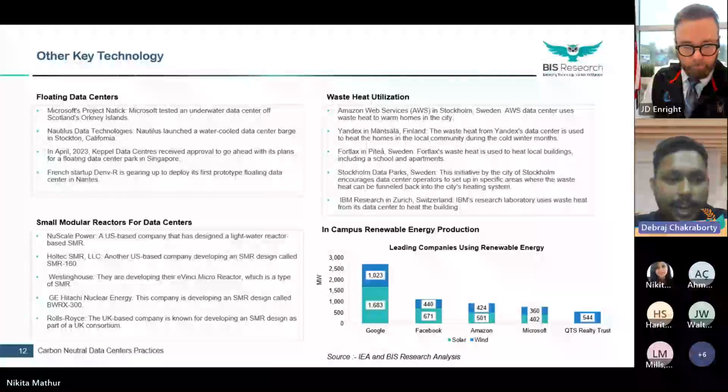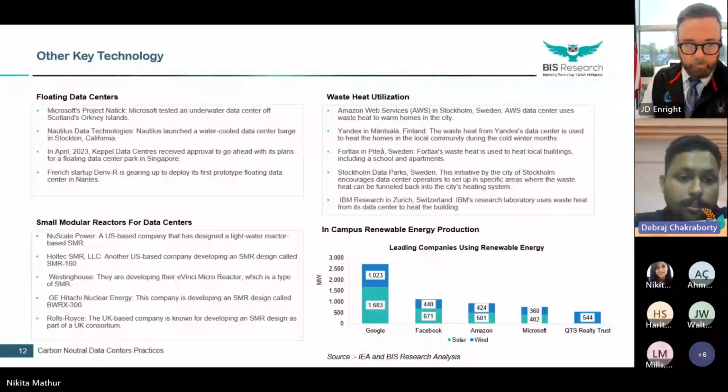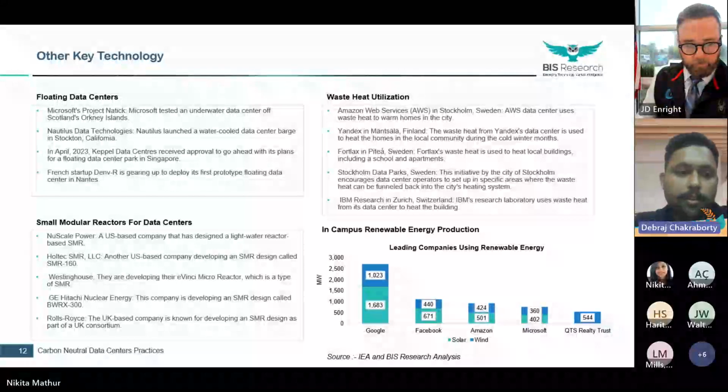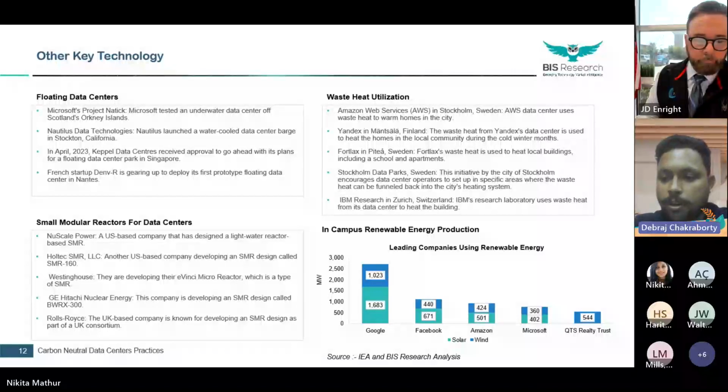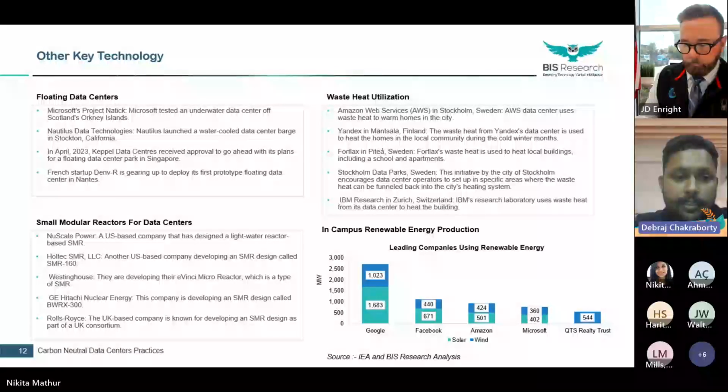So I've already talked about Project Natick, which is basically a Microsoft endeavor. It's an underwater data center just off the coast of Scotland. So far, it's doing good. Microsoft has not released any details related to the operability and its dynamics. There is Nautilus Data Center.